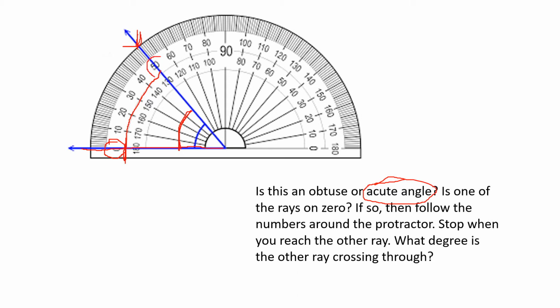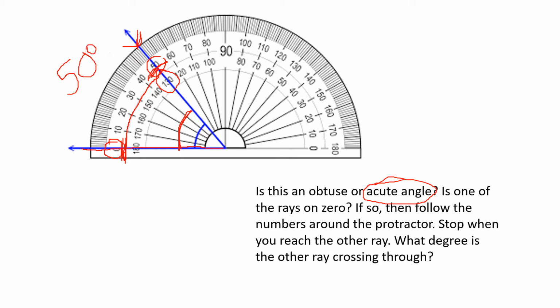It goes through 50 and it goes through 130. We already said that we're using the outside numbers of the protractor because 0 is on the outside. So my outside measurement is 50 degrees. So this angle measures 50 degrees.